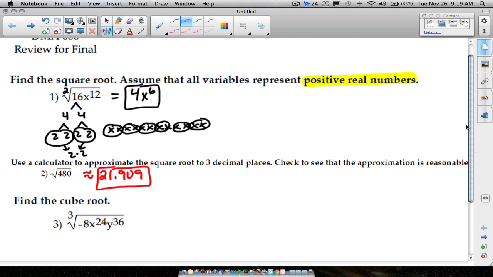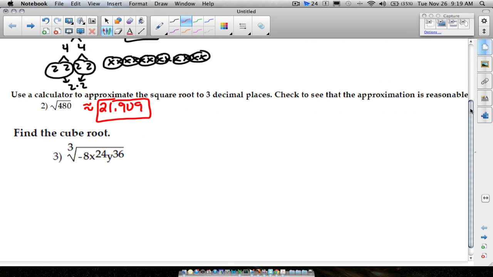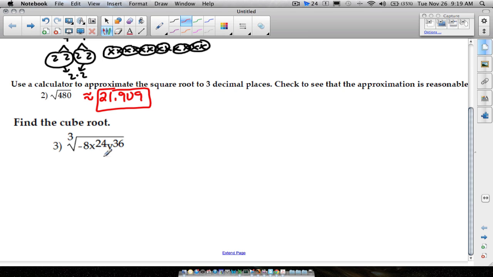And on to number 3. The cube root of negative 8x to the 24th y to the 36. Now for the negative 8, I will break it up, and recall, since that's a negative 8, we have negative 2 times negative 2 times negative 2. We're looking for groups of 3, so therefore the cube root of negative 8 will be negative 2. Remember, every time you pull a group out, and we're looking for groups of 3, you write it down one time.